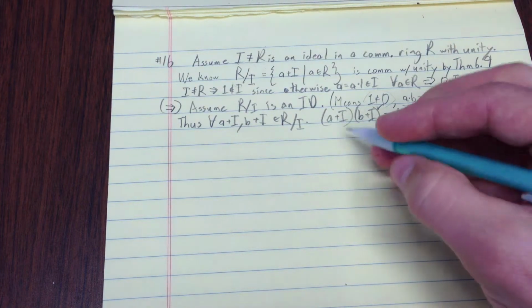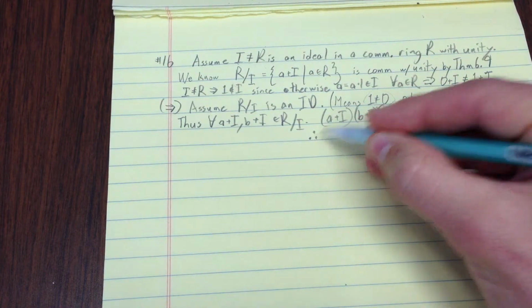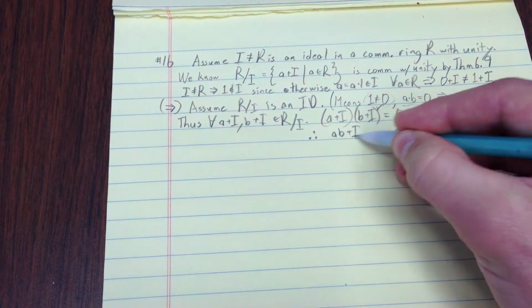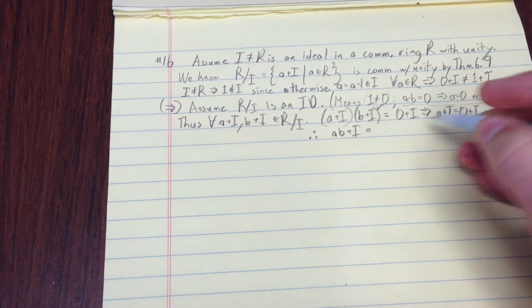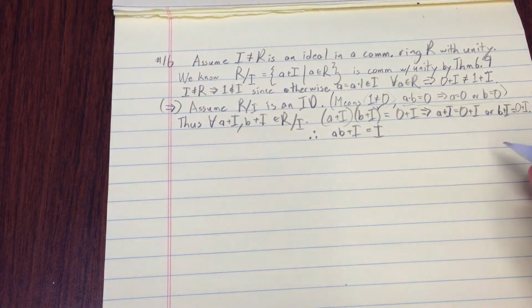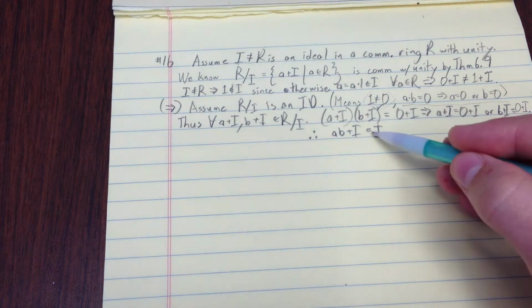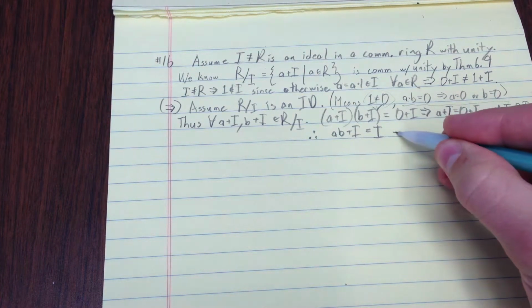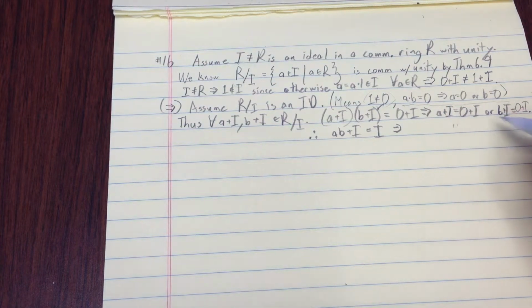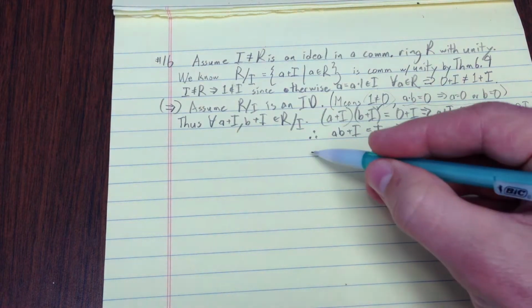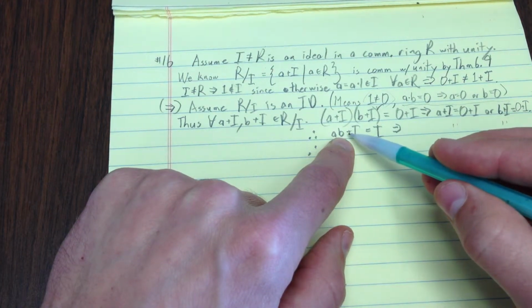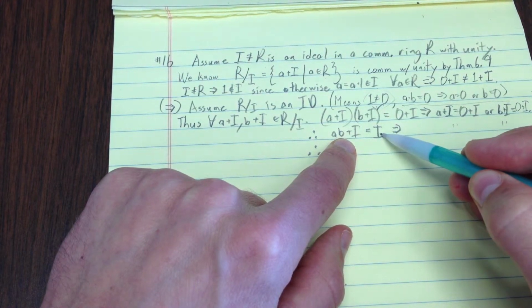The definition of multiplication means that this thing is equal to AB plus I equals 0 plus I, which means I. How can something be equal to I? What does it mean that AB plus I equals I?